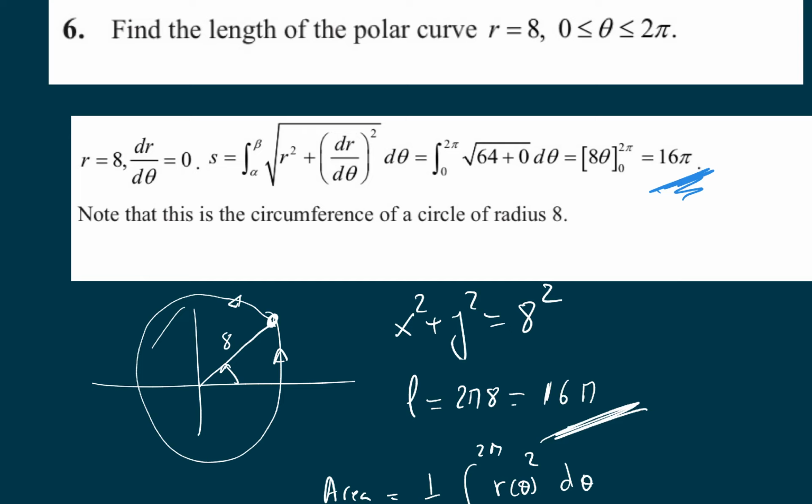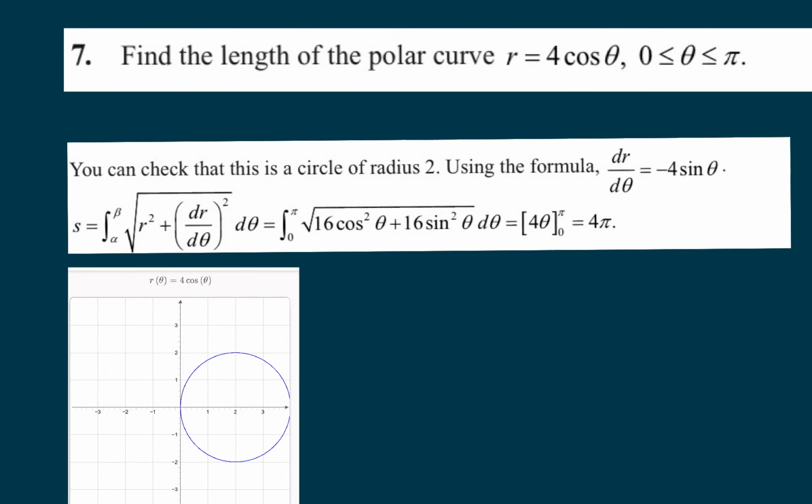And the problem is solved, and of course it gives you the same 16 pi. Sorry that I was calculating area again, but the problem is about the arc length, the length of the polar curve. Okay, let's go to the next.